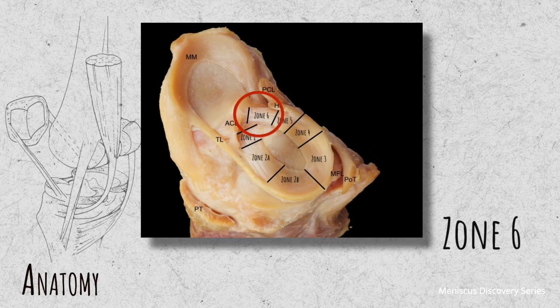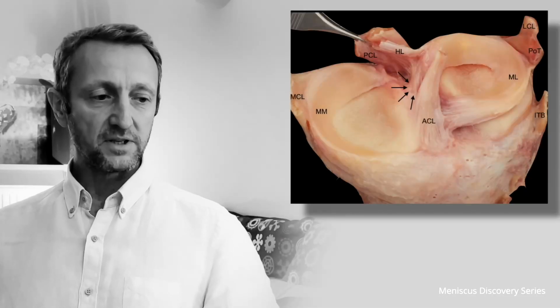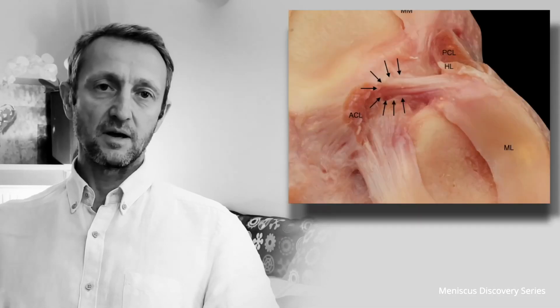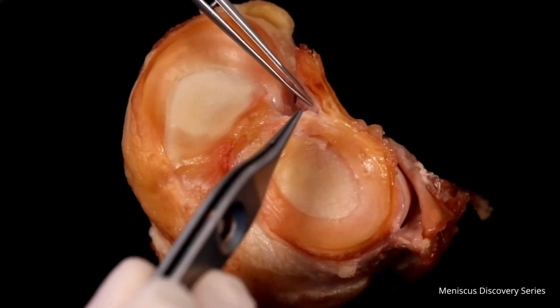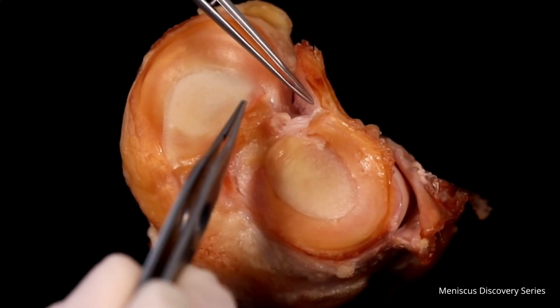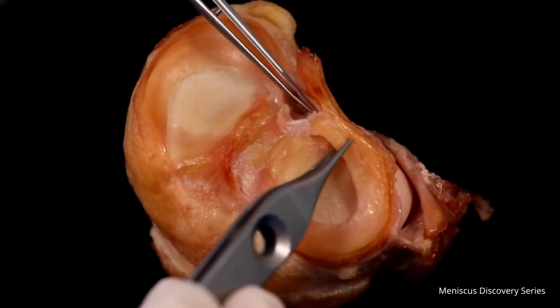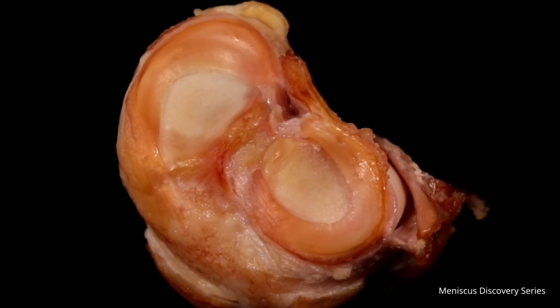Now we go to the next. You can see from the front, from the top, the meniscotibial ligament and the posterior root of the lateral meniscus. What happened? There is the meniscotibial ligament. If you can see that, I divided these two structures, the meniscotibial ligament and the posterior root. What happened when I cut it?